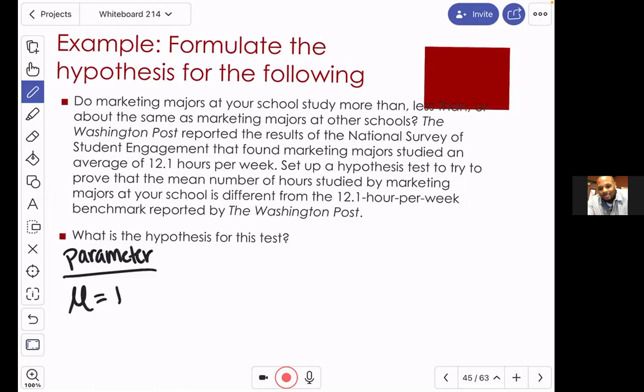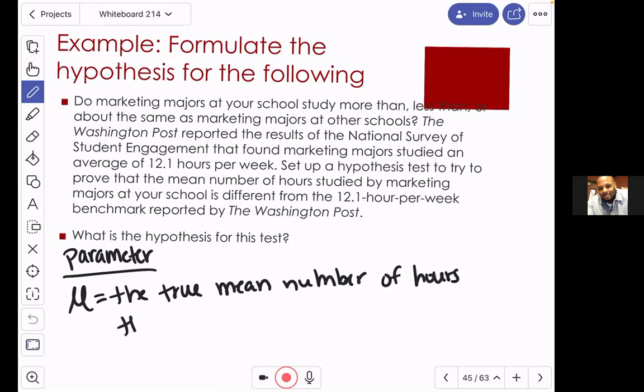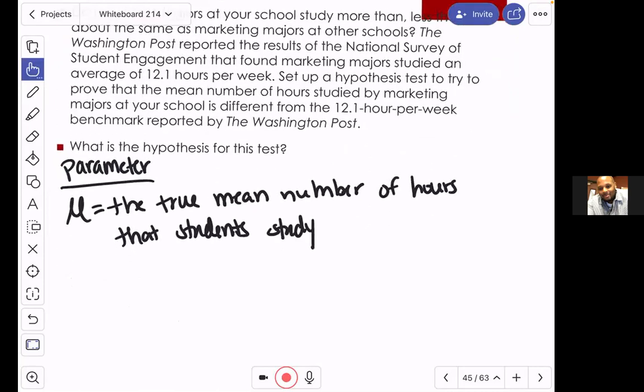I'm telling you that mu is equal to the true mean number, or the true average, of hours that students study. Right? And now I can set up my hypothesis from that.